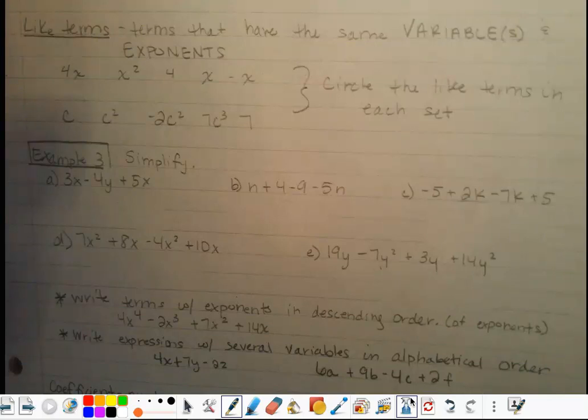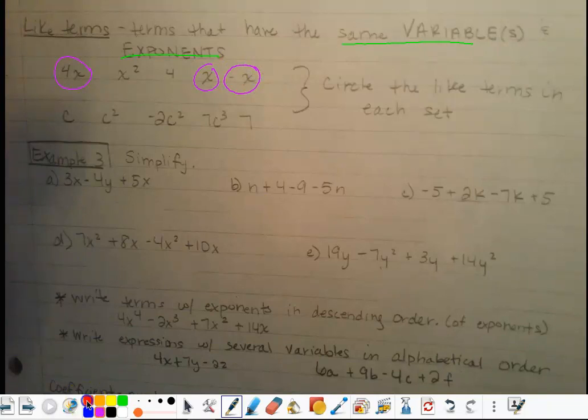They have to have the same variable and exponents to be like terms. All right, so the first one is a 4, there's no variable. The next one is an x squared. Those are not the same. So our like terms here are 4x, x, and negative x. They're all an x.